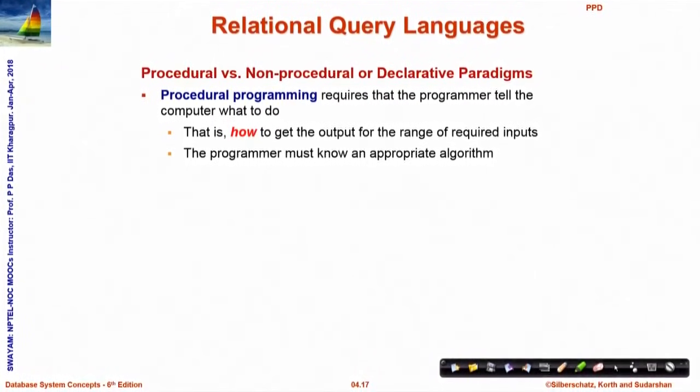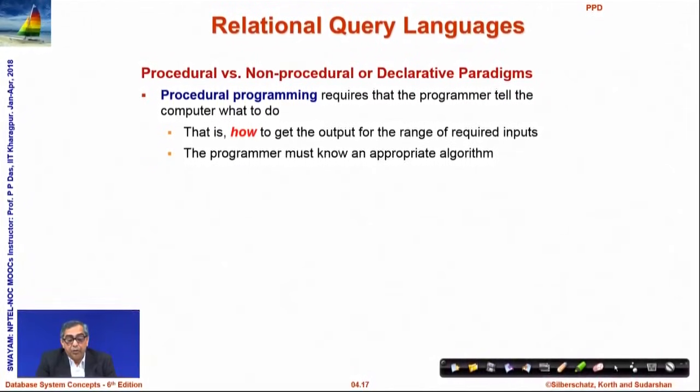A procedural programming language requires that the programmer tell the computer how to get the output. Given the input, a program is about finding output for a given input, and you write a procedure, the sequence of steps that need to be done, so that given the input you can compute the output. So, you say how that computation has to happen, and the programmer must know that algorithm.